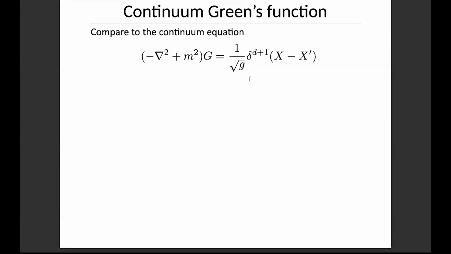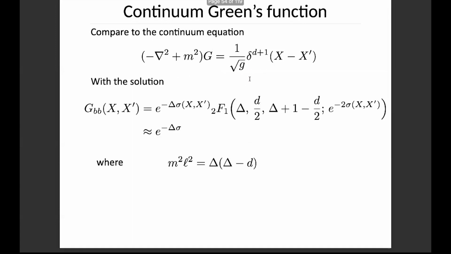Okay, so comparing this to the continuum equation, here's the continuum lattice Green's function. People can solve this equation in general AdS space. This looks pretty nasty, but it does have an exact analytic solution. So let me explain what this is.